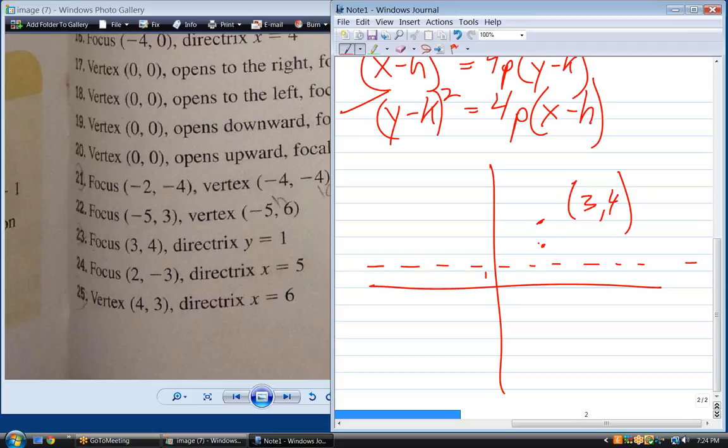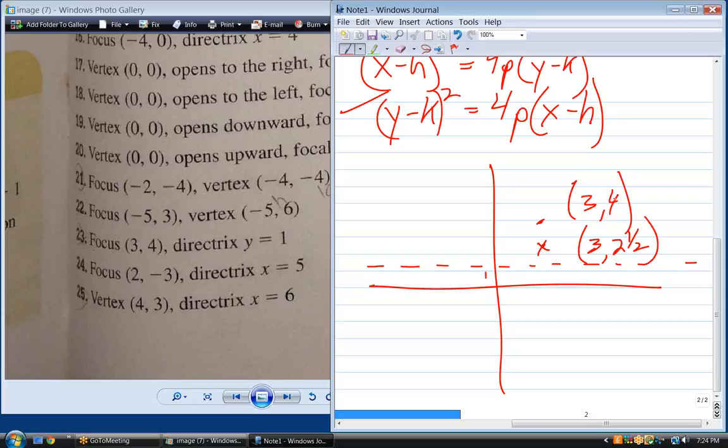I mean, sorry. You know the vertex is halfway between the y coordinate and the directrix, right? Yeah. Okay, so what's the coordinates of this vertex? The coordinates would be 3, 2. Not 2, but how about 2.5? Oh yeah, 2.5.